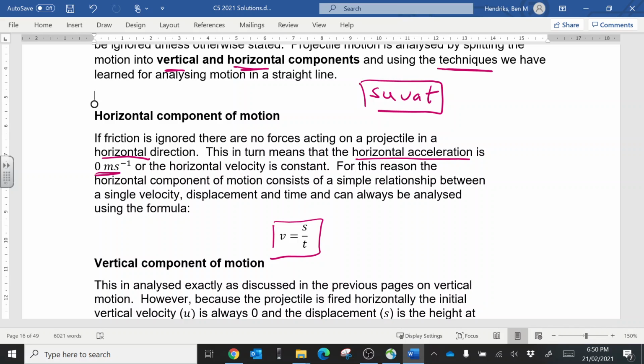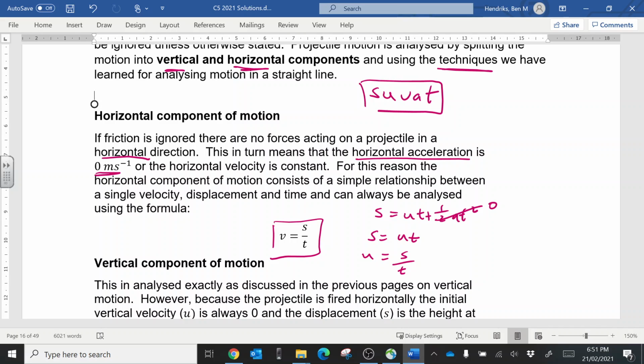Another way that you can look at it, if you want to stick with your SUVAT equations, is s equals ut plus half at squared, and acceleration is equal to 0, so this term cancels out. Then we're left with s equals ut, and then we divide both sides by t, so we end up getting u equals s over t.